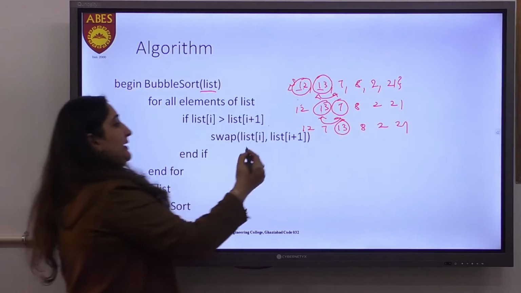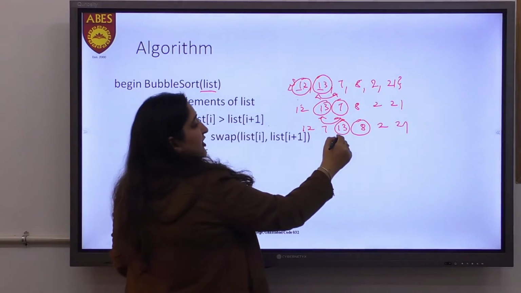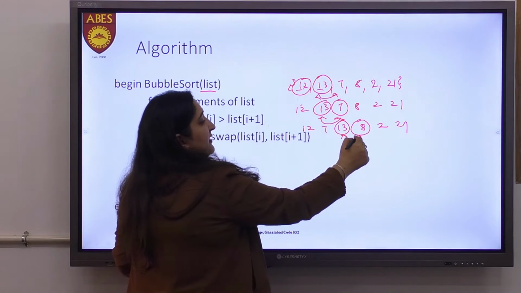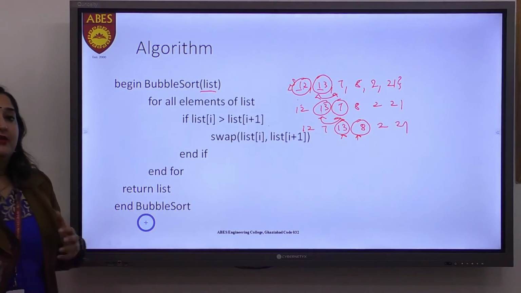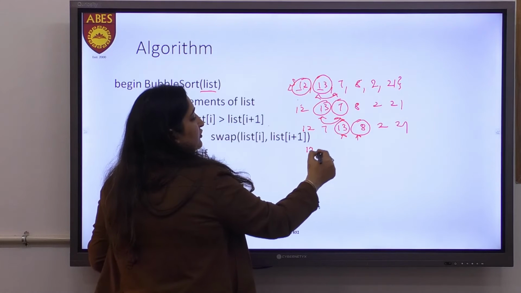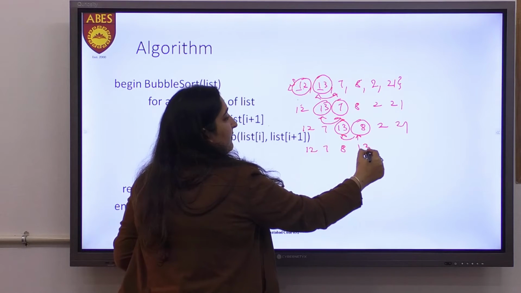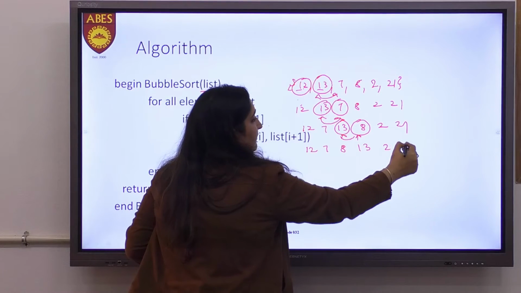I can take the next element, include it in the bubble, and again check whether these two elements are in correct order. These two are not in correct order, so they will swap. 8 will come here, 13 will come here, then 2 and 21.